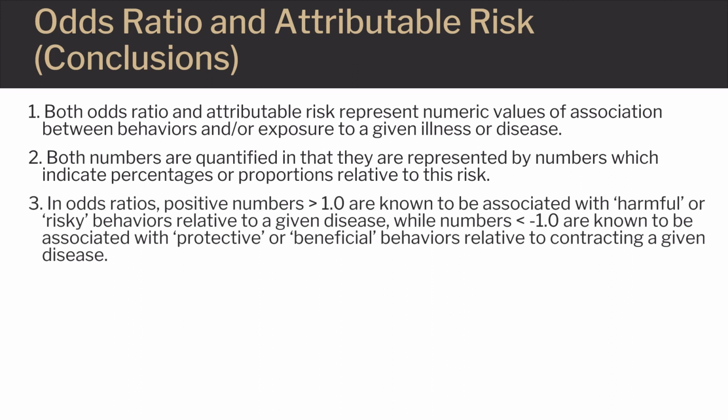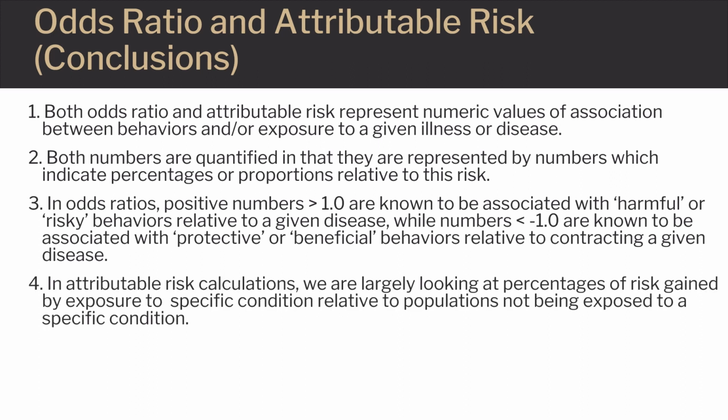For an odds ratio, that number expresses times more or less likely in getting a disease or condition based on a given behavior, while attributable risk yields a percentage of risk between condition and exposure. Both of these measures yield invaluable trends and connections between behavior or exposure to a given disease.